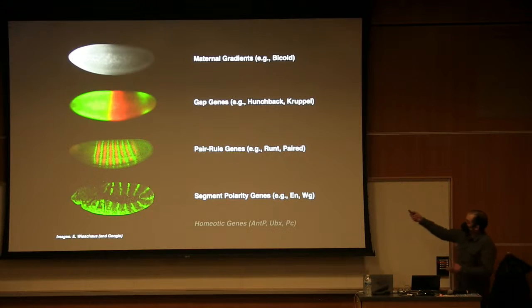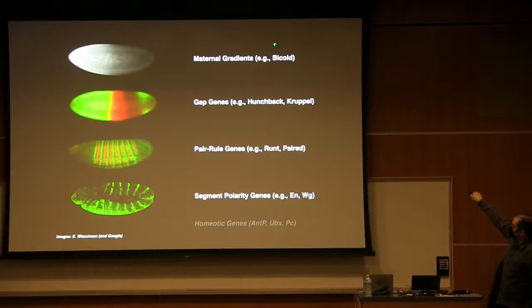And so, for instance, the way that that's thought to work, and that appears in every developmental biology textbook, is that embryos start off with graded information provided by mom. For instance, this transcription factor bicoid is presented as a gradient that's strong in the anterior and weak in the posterior. And this has the ability to impart positional information along the long axis of the embryo.